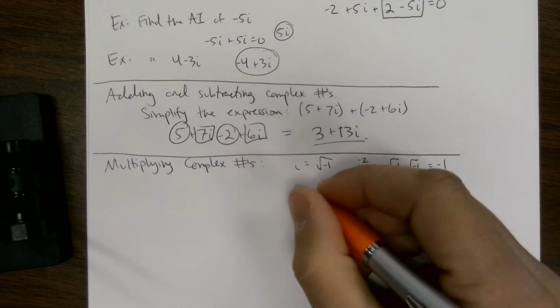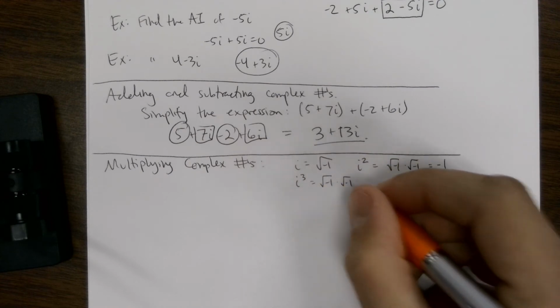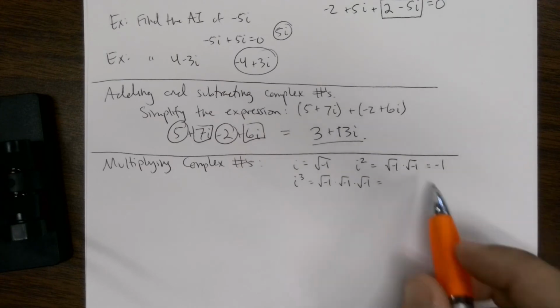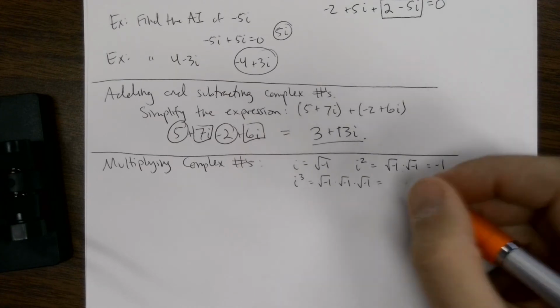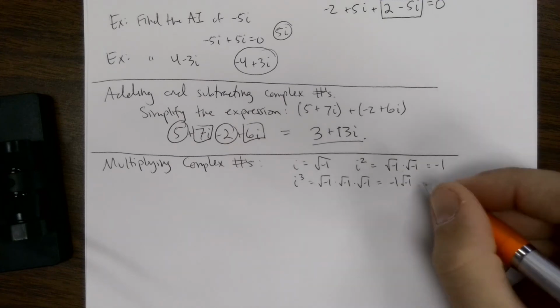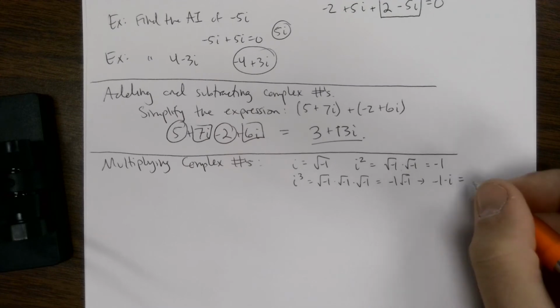Interestingly enough, i cubed is equal to root -1 times root -1 times root -1. Well, i squared is -1, so I can write this as -1 times the square root of -1, which becomes -1 times i, which equals -i.